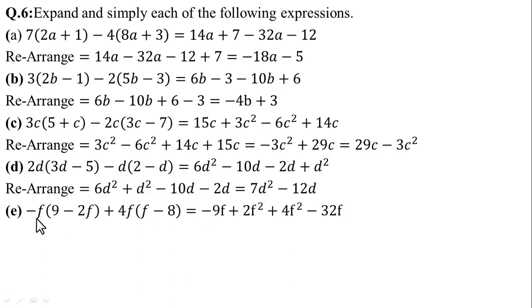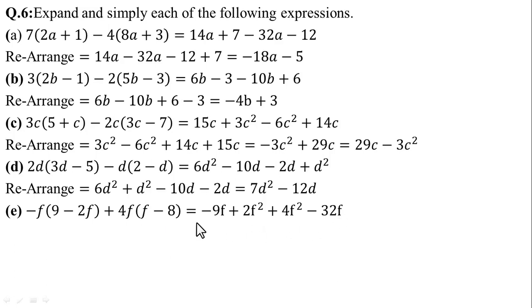In E part, minus f into (9 minus 2f) plus 4f into (f minus 8). First of all, minus f multiplying 9, so minus 9f, and minus f times minus 2f is plus 2f square, plus 4 ones are 4, f multiplied by f, 4f square, plus minus 4 eights are 32f.